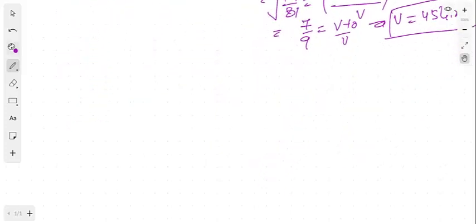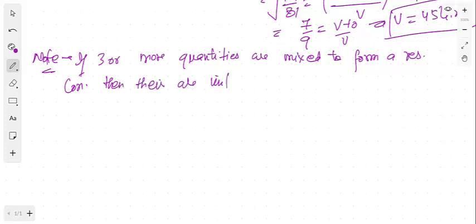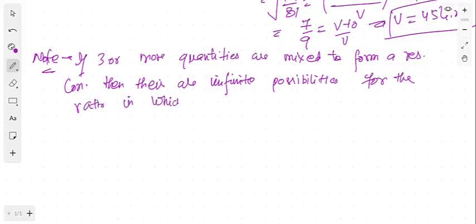Then there is the last thing which I need to discuss. You can take it as a note. If three or more quantities are mixed to form a resultant concentration, then there are infinite possibilities for the ratio in which they can be mixed.